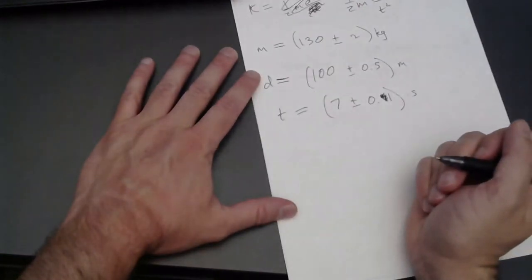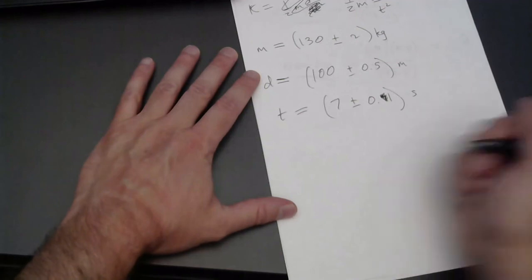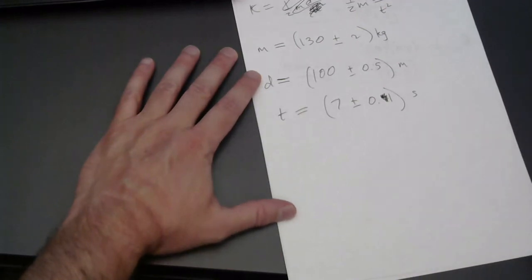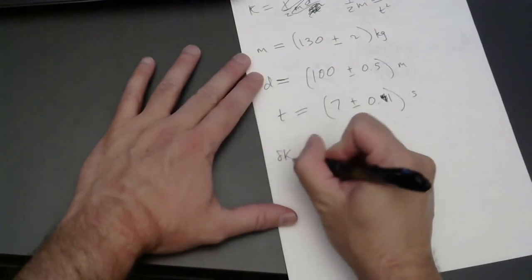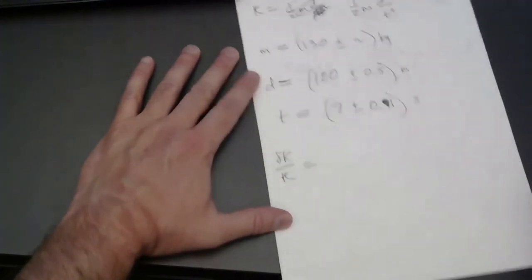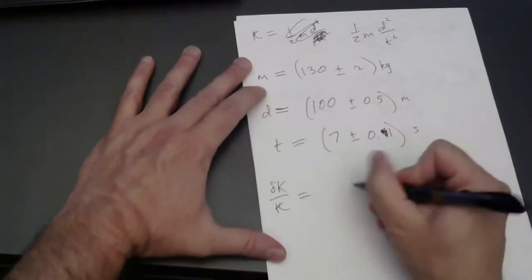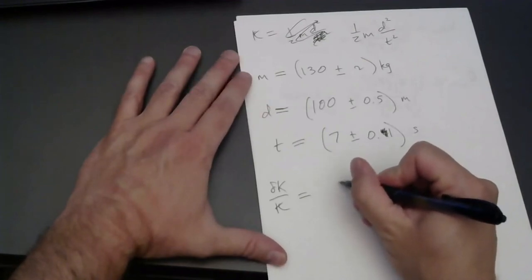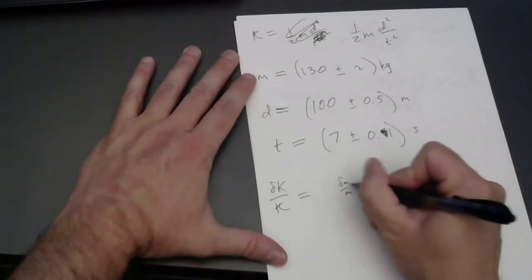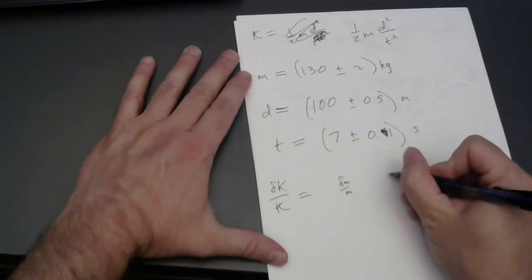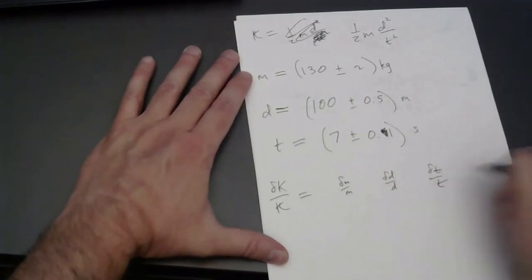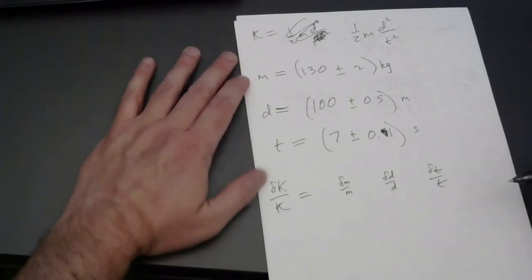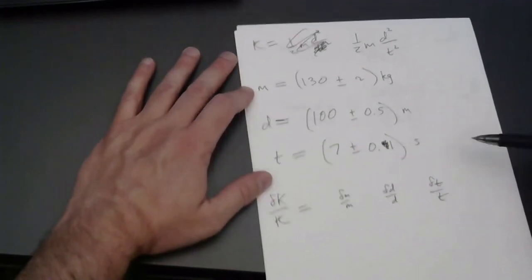What I'll do is first calculate the relative errors, or no, let's do it all at once. The relative uncertainty in the kinetic energy, I would sum up all the relative uncertainties. So that's delta M over M. We've got a delta D over D and a delta T over T. But remember, we have to weight each of these by their exponents.